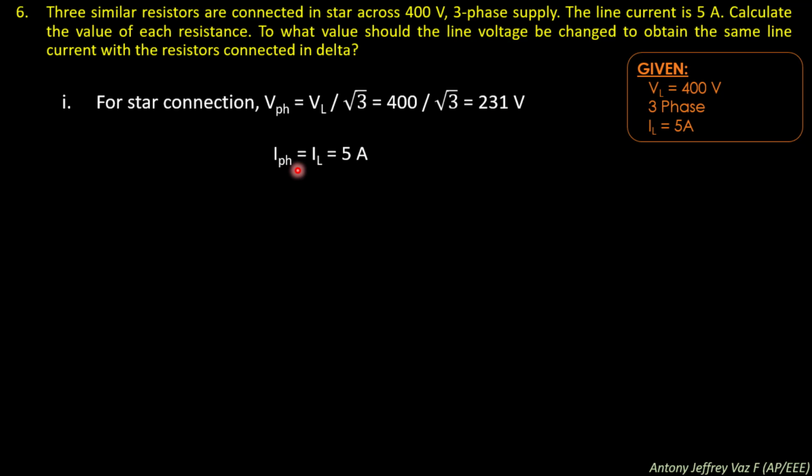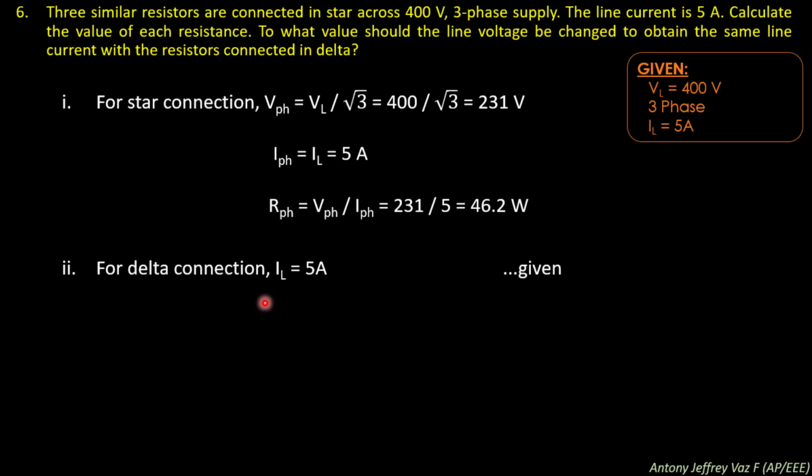Similarly, for star connection, line current will be equivalent to phase current, so it will be 5 amperes. Resistance per phase will be equivalent to voltage per phase divided by current per phase. Here, the voltage per phase is 231 volt divided by current per phase is 5 amperes. So the resistance per phase is 46.2 ohms.